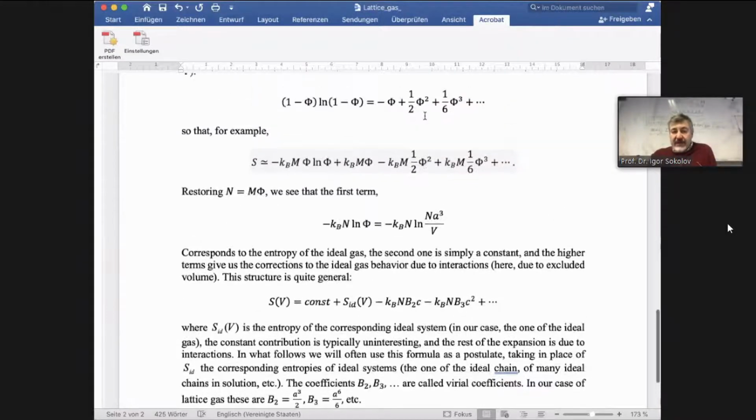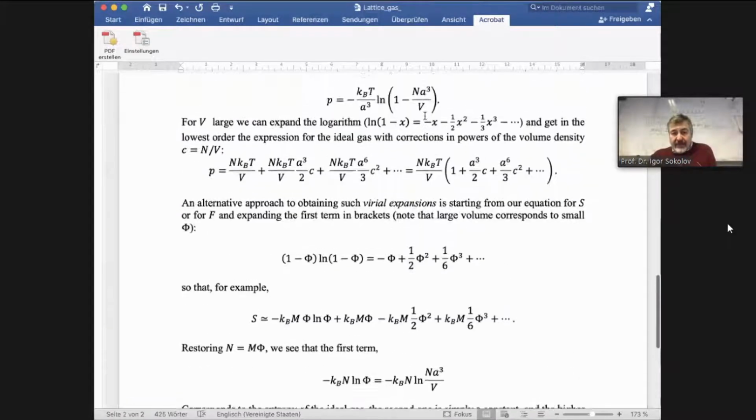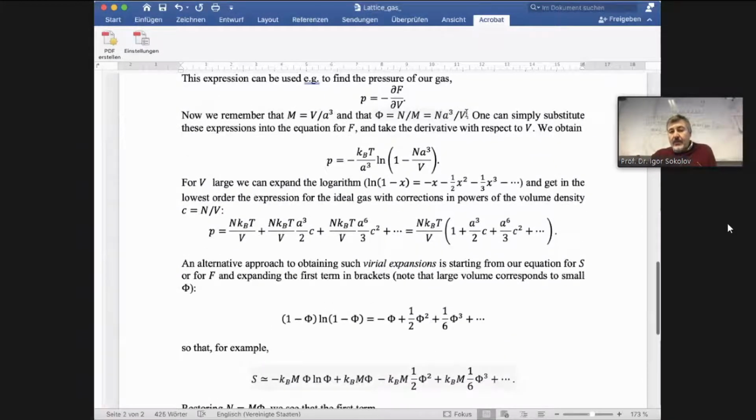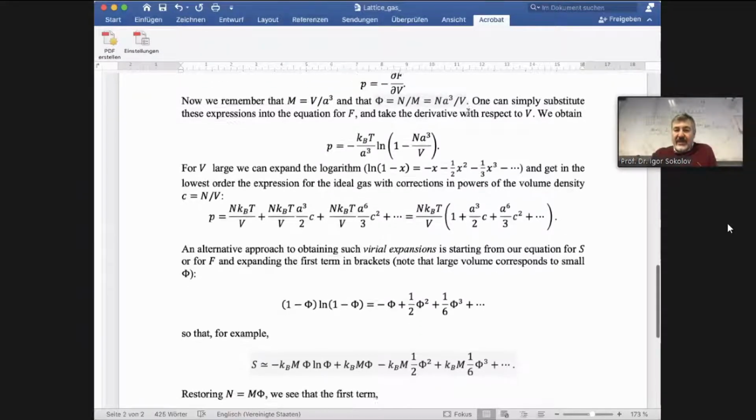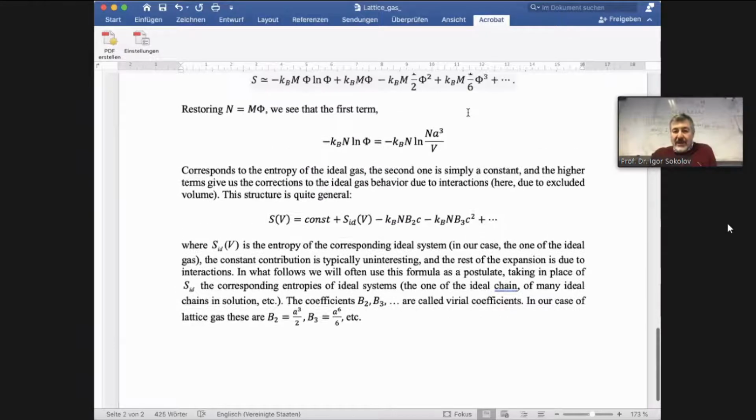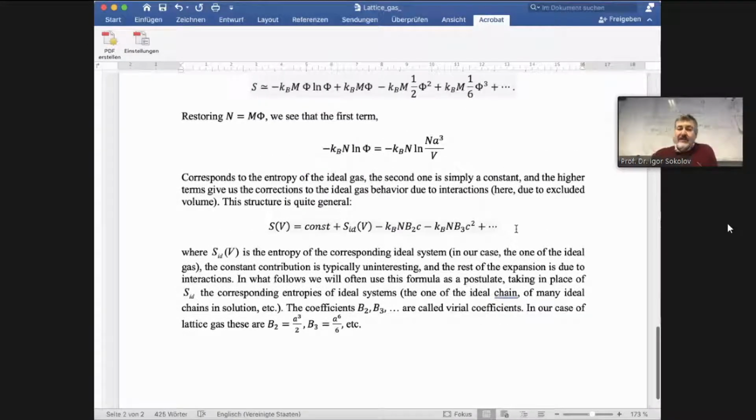And what is phi? Phi is, if I go here, N a cubed divided by V. So I put a cubed aside, and I denote N divided by V as the normal concentration, number of molecules per unit volume. I will call this volume concentration, essentially. So it's normal concentration of my molecules, concentration of the gas, number of molecules per unit volume. And this is the expression I get.